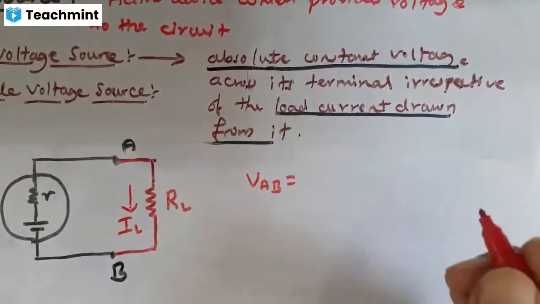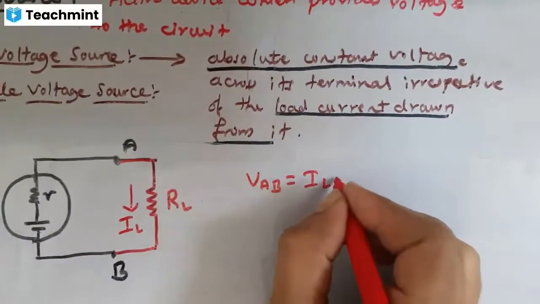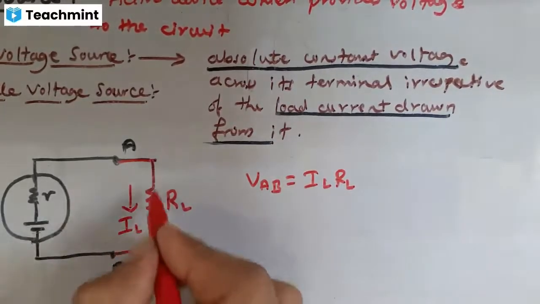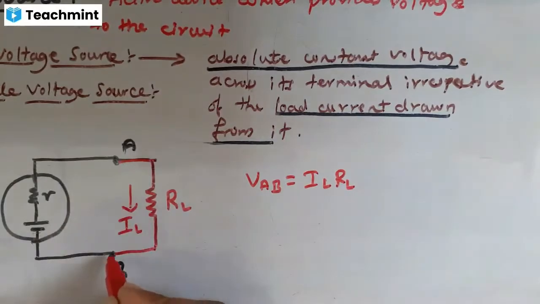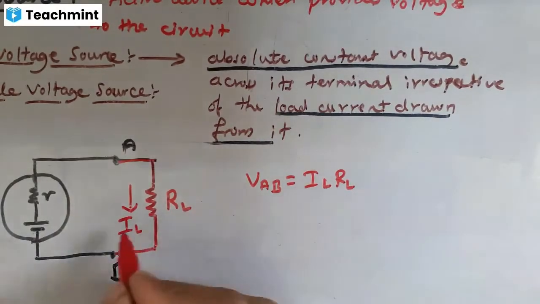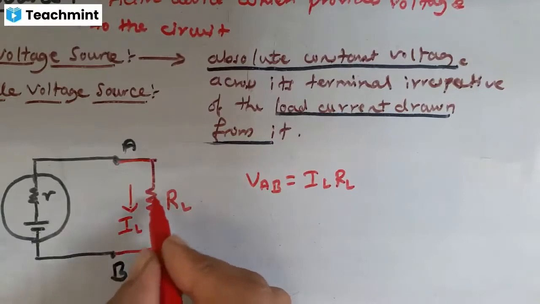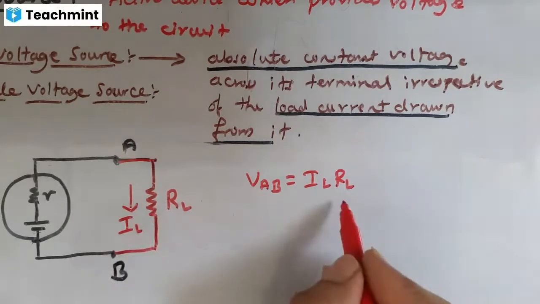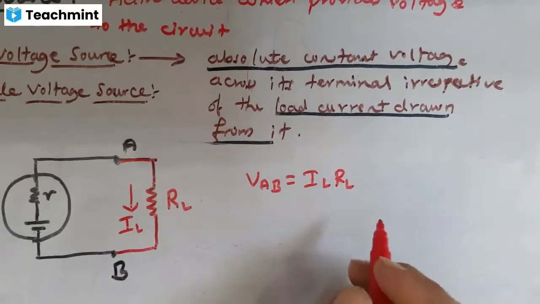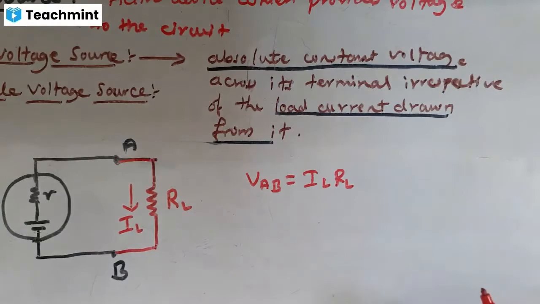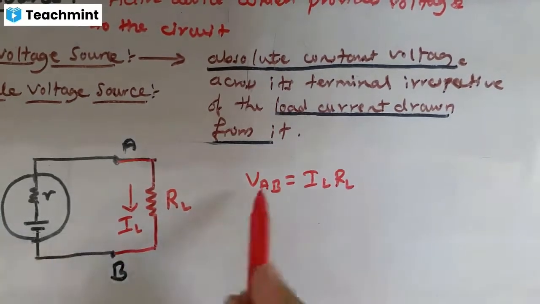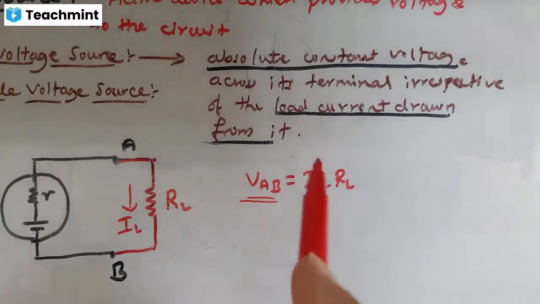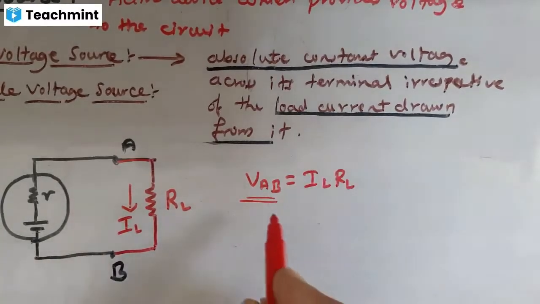If you find it using Ohm's law, it will be IL into RL. Why IL into RL? Because the voltage across RL is the voltage across AB. V equals I into R, where IL is flowing in RL, so VAB equals IL into RL. What I was saying is that the constant voltage VAB will remain constant. It is not going to change. I said it like that, and the definition is also that only. So why is it happening like that?